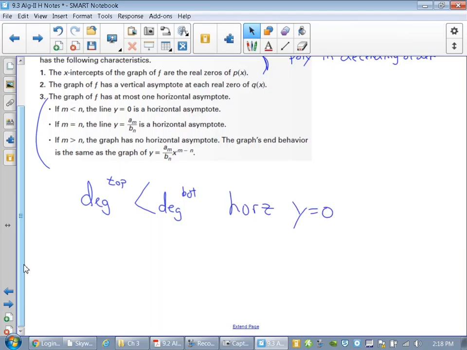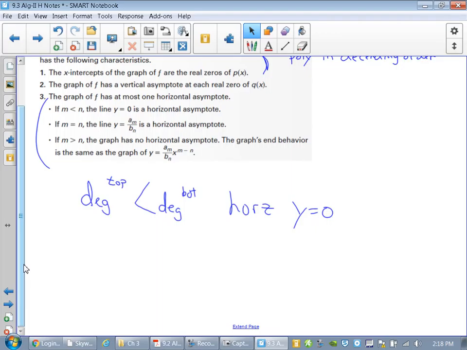So you have three different things to check for horizontal asymptotes. If the top degree is smaller than the bottom degree, it's at y equals 0.